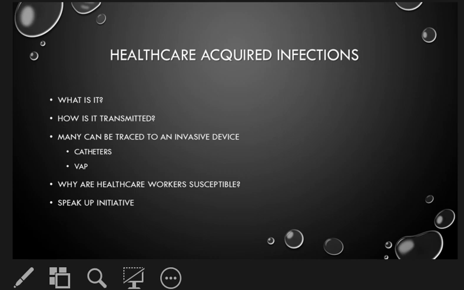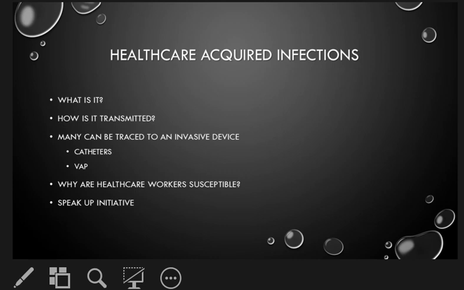So healthcare workers are susceptible due to exposure. You're exposed to a lot of germs in the hospital. Broken skin. Artificial nails are a big one. Artificial nails have been proven to carry some of the worst bacteria, particularly the resistant bacteria.